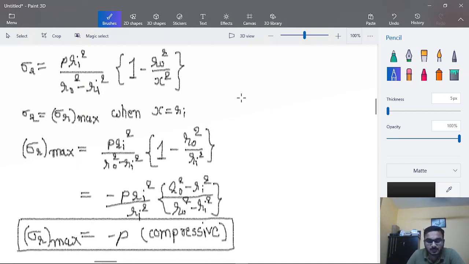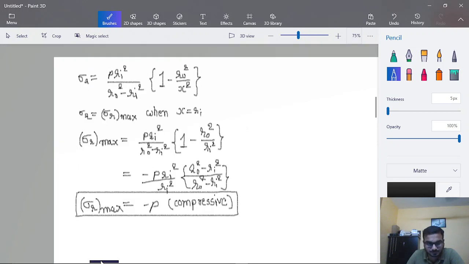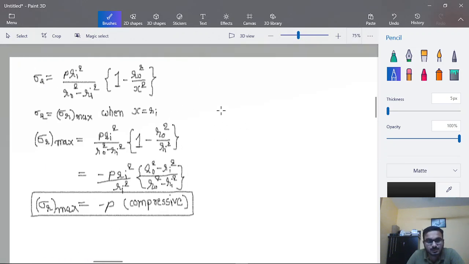Now let's discuss the minimum one. So sigma r is equal to sigma r minimum when x is equal to Ro.